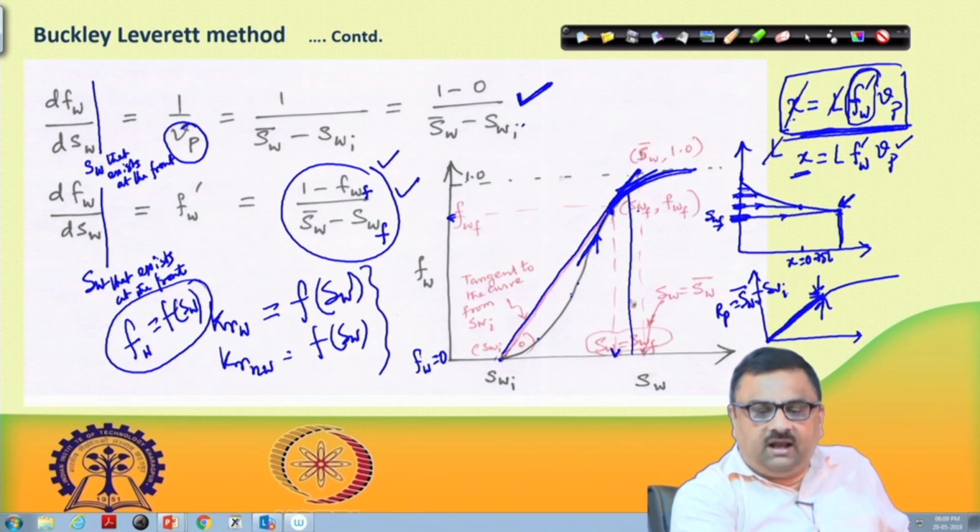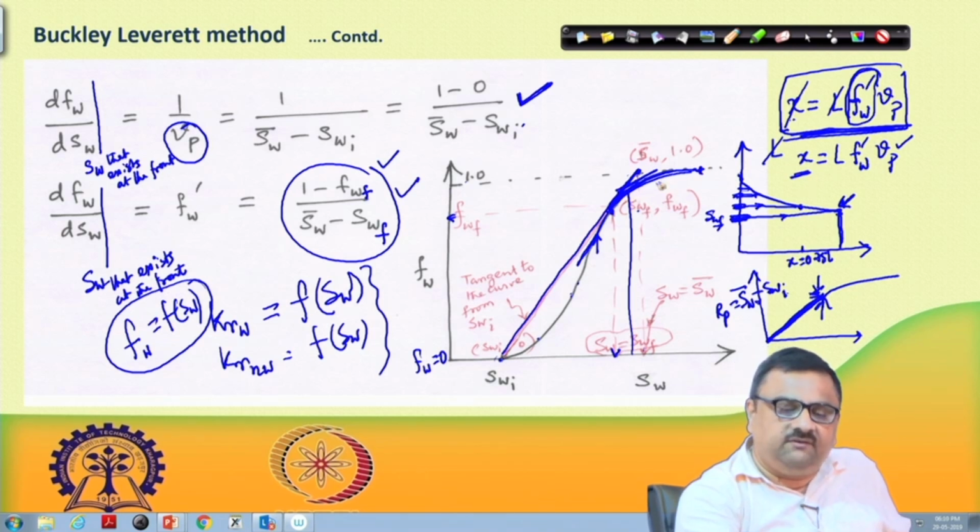Like this. And the saturation packet which has 1 minus SOR, near the end, will not travel any distance, because x is equal to 0 in that case, which means Fw prime has to be infinity. So, this is how this curve has to be read, by drawing tangents at different locations.